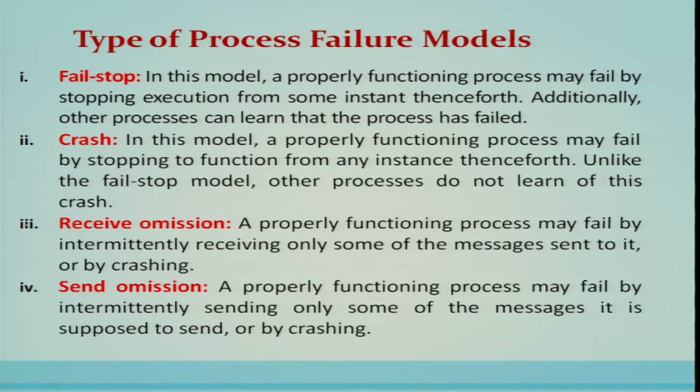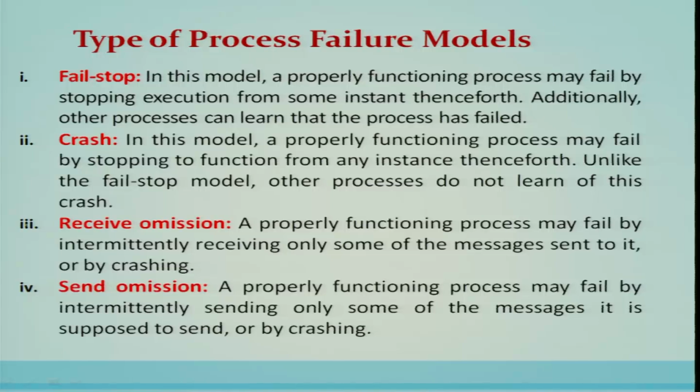Crash failure model. In this model, a properly functioning process may fail by stopping to function from any instance thenceforth. Unlike the fail stop model, other processes do not learn of this crash. Third one is the receive omission failure model. A properly functioning process may fail by intermittently receiving only some of the messages sent to it, or by crashing.